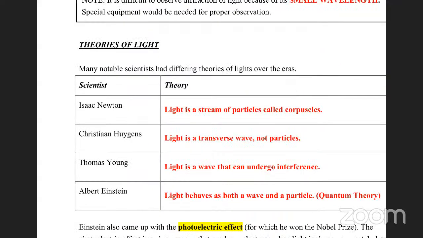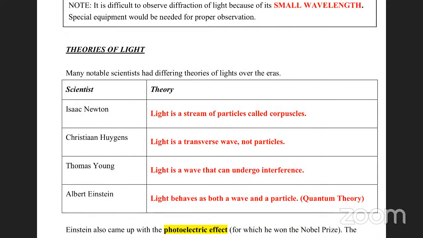Just a little theory that we need to know about scientists and how they view light. You see how we view light as waves? Well, light is not truly waves alone. Light is also made up of particles. The correct way to view it is that yes, it is waves, but it's also particles.